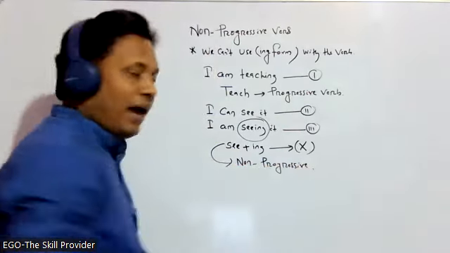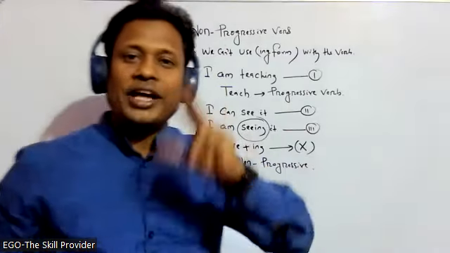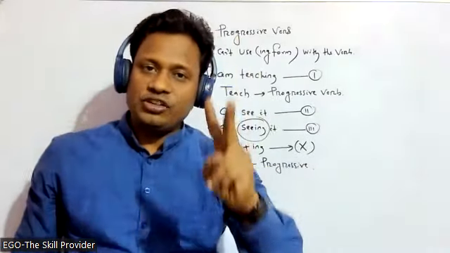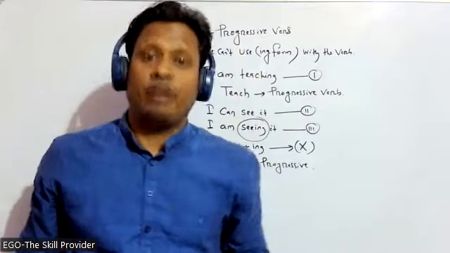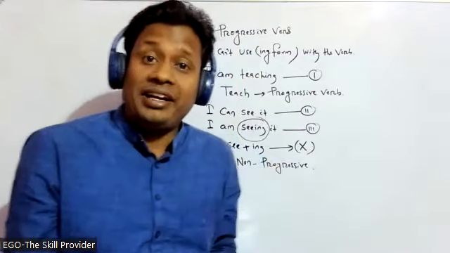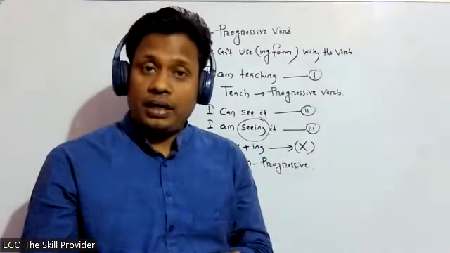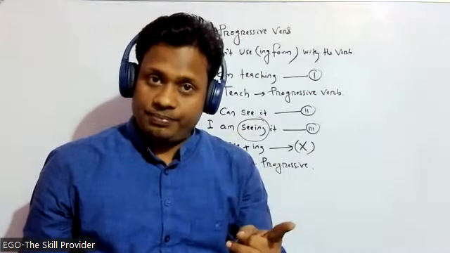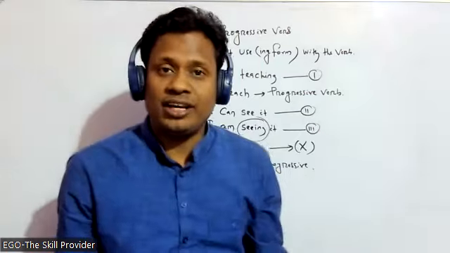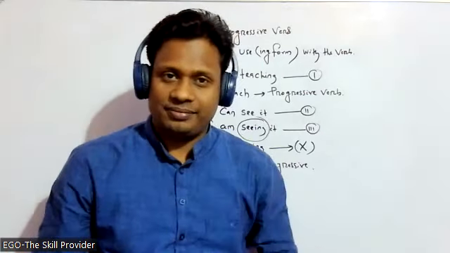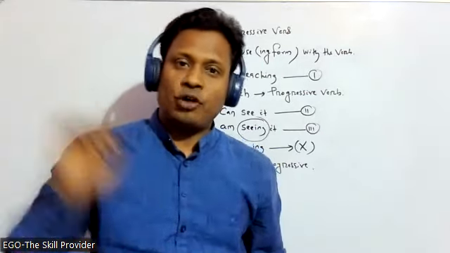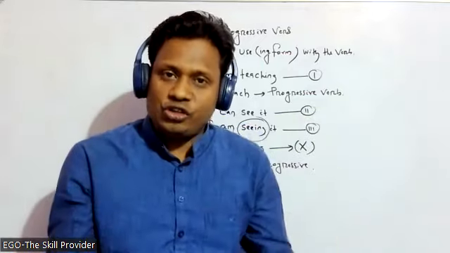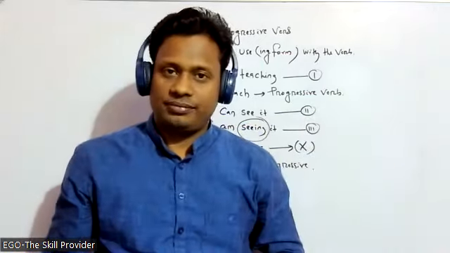By default, whenever you are trying to express sentences in the progressive form, whatever you are doing right now, it can be present progressive or past progressive. You are telling, I am teaching, I was teaching. Present perfect progressive, I have been teaching, I had been teaching.